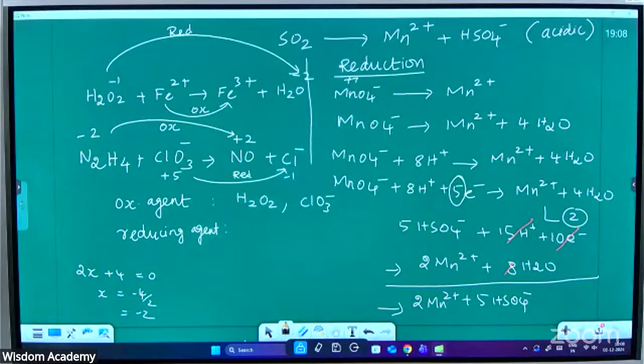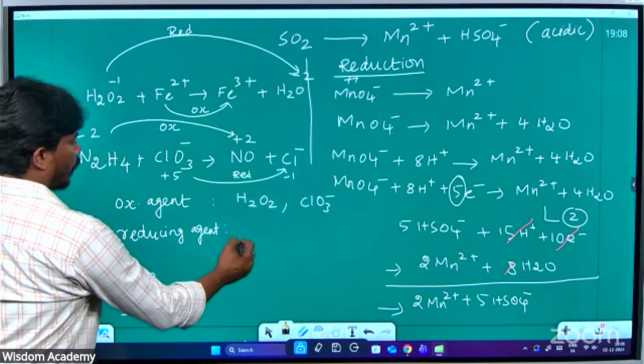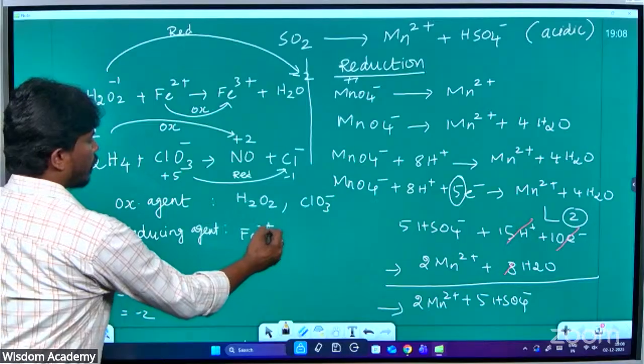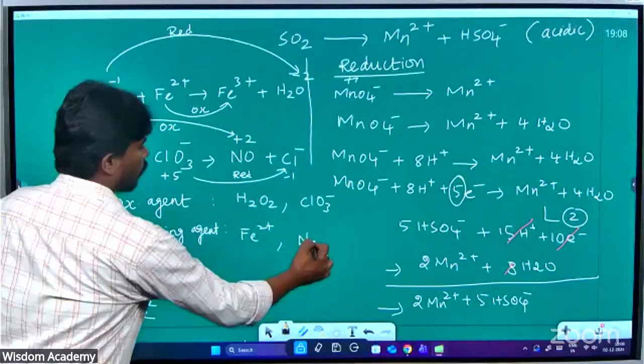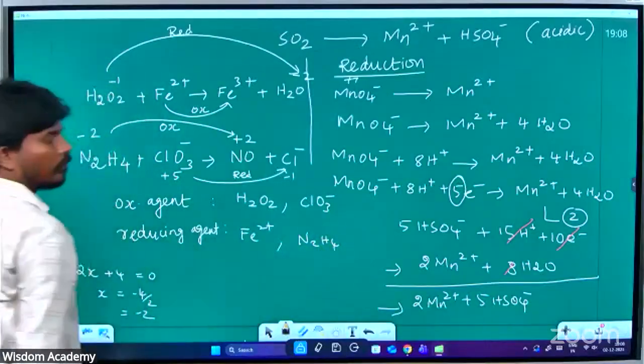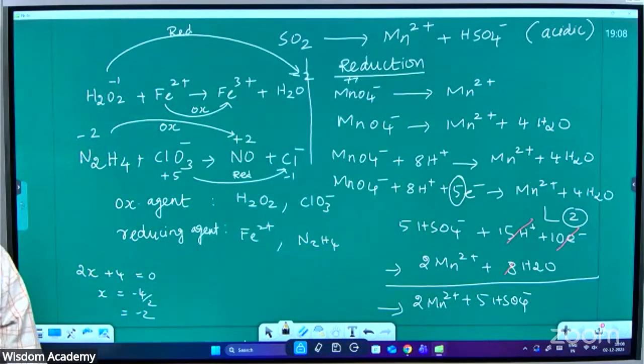Reducing agents: Fe2 plus and N2H4. So an oxidizing agent itself gets reduced. Reducing agents themselves get oxidized.